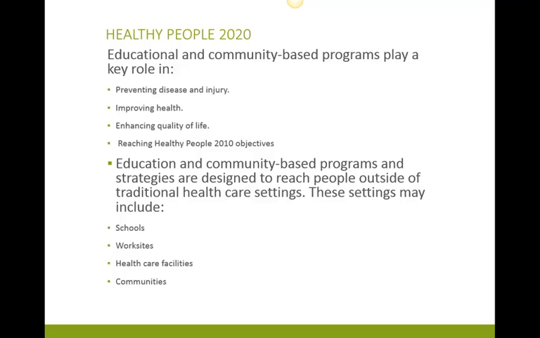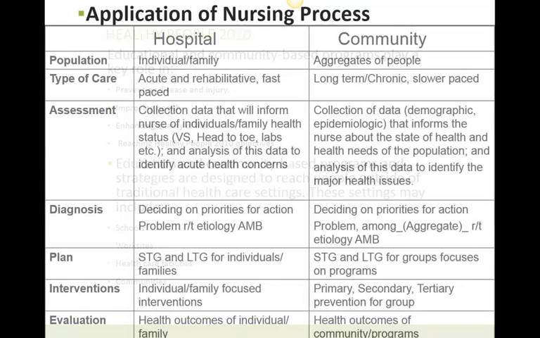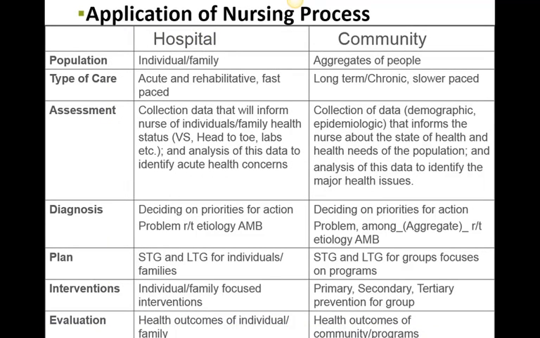So we're going to talk a little bit about what is the difference between community nursing and community-based nursing. So this table here that I've created basically is trying to help you differentiate between individual or family, as we see when we practice in the hospital or the clinics, and what community health nursing is.